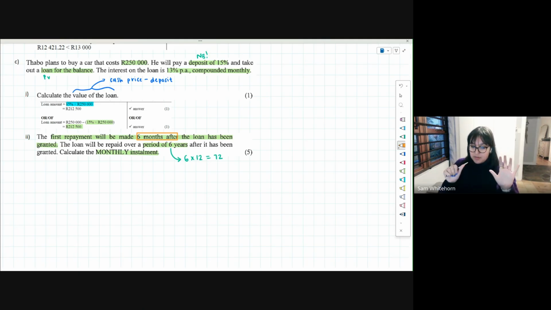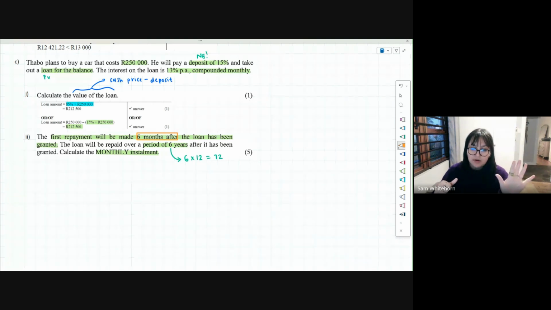6 months. We're going to chat about what happens in those 6 months now. The first month is when the loan is being granted. So technically, I'm missing 5 installments because remember, 6 months. Let's just make sure we're understanding. We take out our loan. In the first month, the loan is being granted and we would start our normal payments 1 month after.